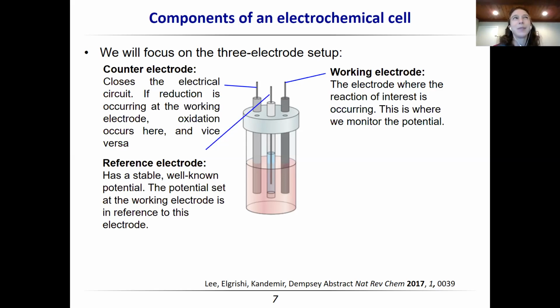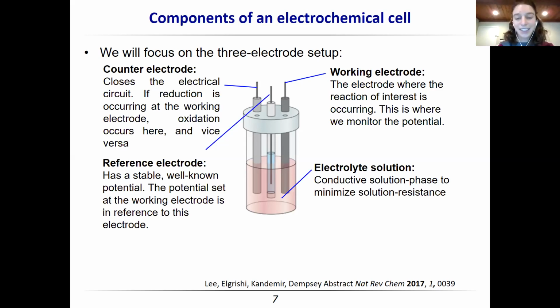There are some cases where it's challenging to get a truly stable, well-known reference in your medium, and in that case you can add a different redox couple to reference to, but it's still helpful to know roughly what you're putting in as your potential at the working electrode. So the value that you type into your potentiostat controller is going to be the potential difference between the working electrode and the reference electrode in practice.